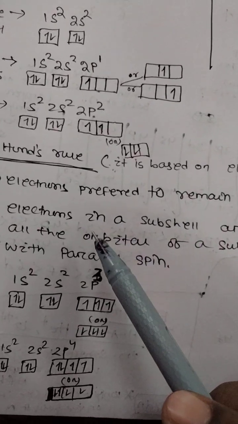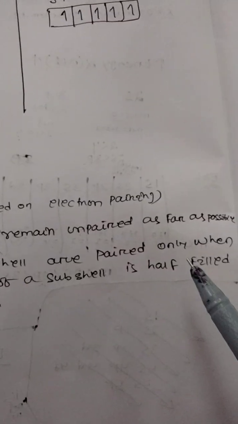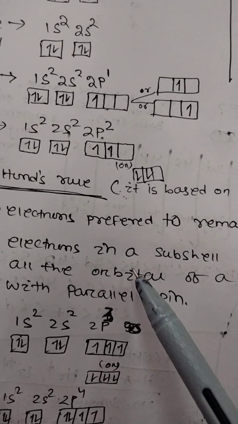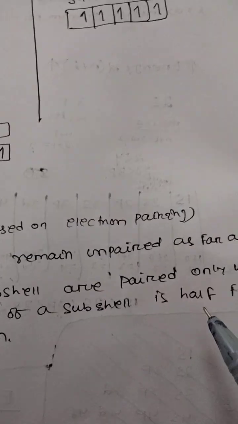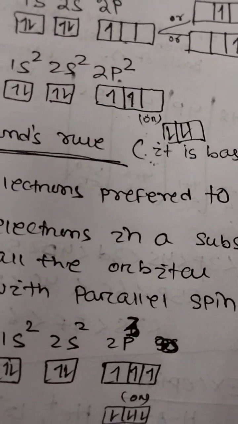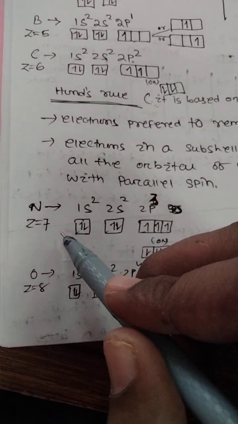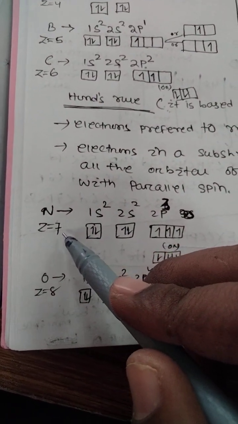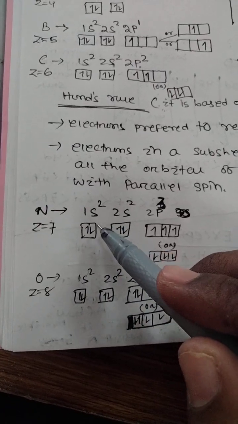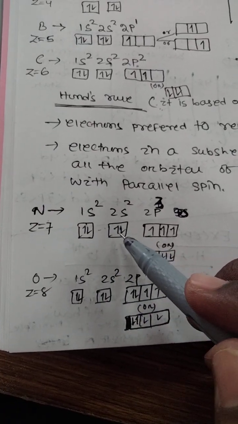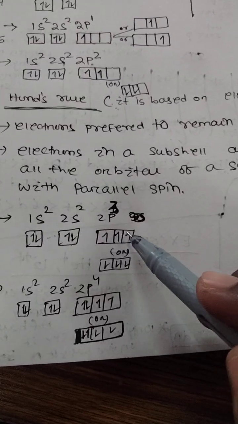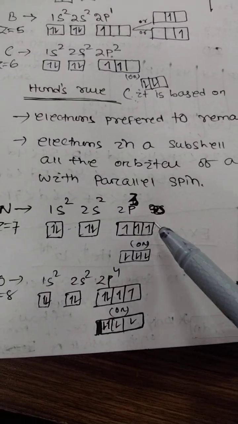Electrons prefer to remain unpaired as far as possible. Electrons in a subshell are paired only when all the orbitals of the subshell are half filled with parallel spins. Suppose another example, nitrogen, Z equal to 7. Here 1s2, two electrons are filled, 2s2, two electrons filled, but in the case of 2p3 there are three electrons.